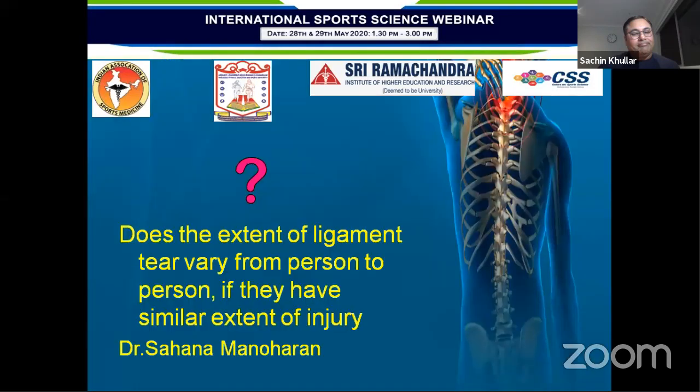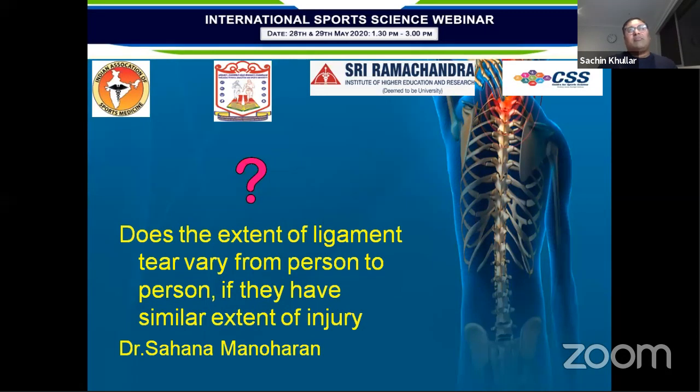Thank you, sir. Does the extent of ligament tear vary from person to person if they have a similar extent of injury? By Dr. Sahana Manoharan. Similar extent of injury by definition would mean anatomical, but if you're asking whether the mechanism is the same, can different athletes have different levels of ligament tears? The answer is yes.